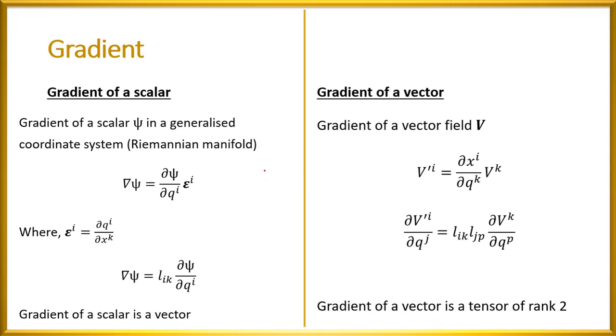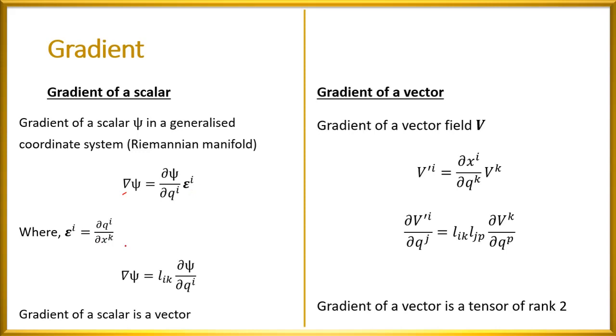Therefore, the gradient of a scalar psi in any generalized coordinate system, say a Riemann manifold, we can write in terms of the generalized coordinate qi as del psi, where the del operator is dou by dou qi, written in the generalized coordinate basis vector epsilon i.